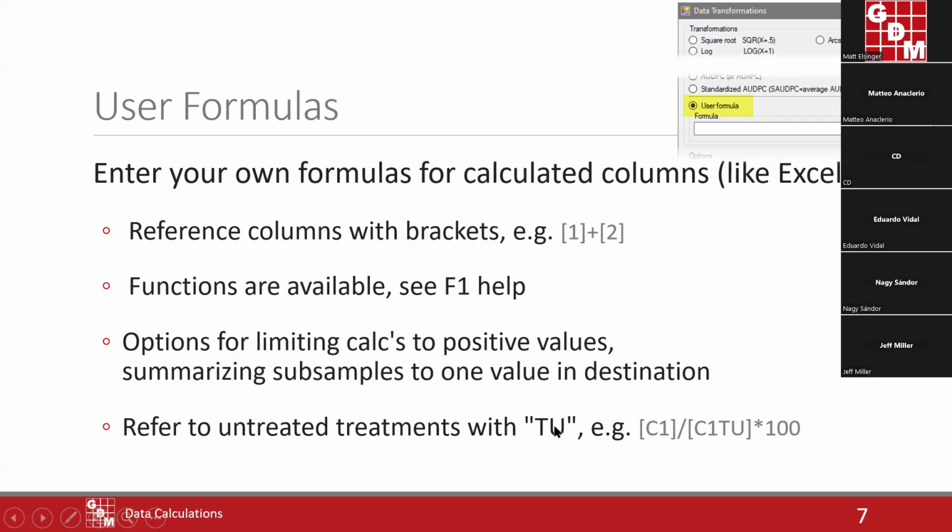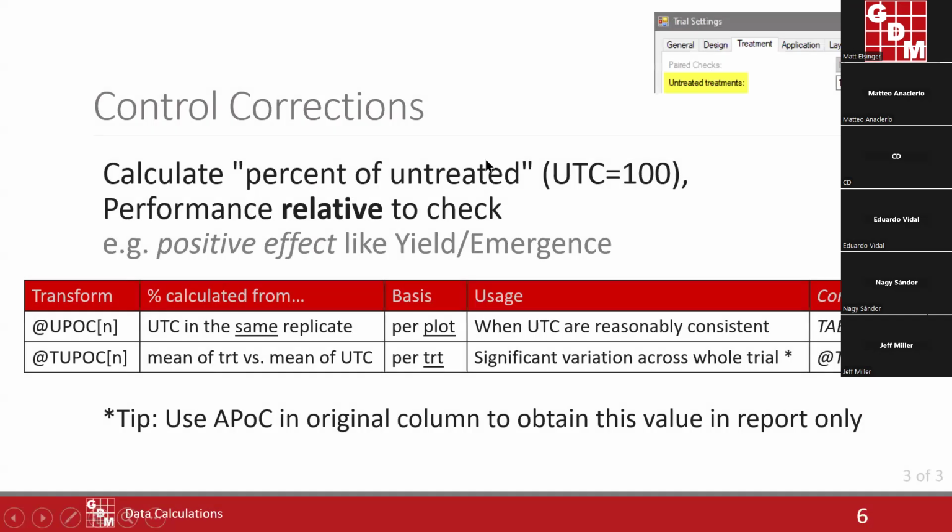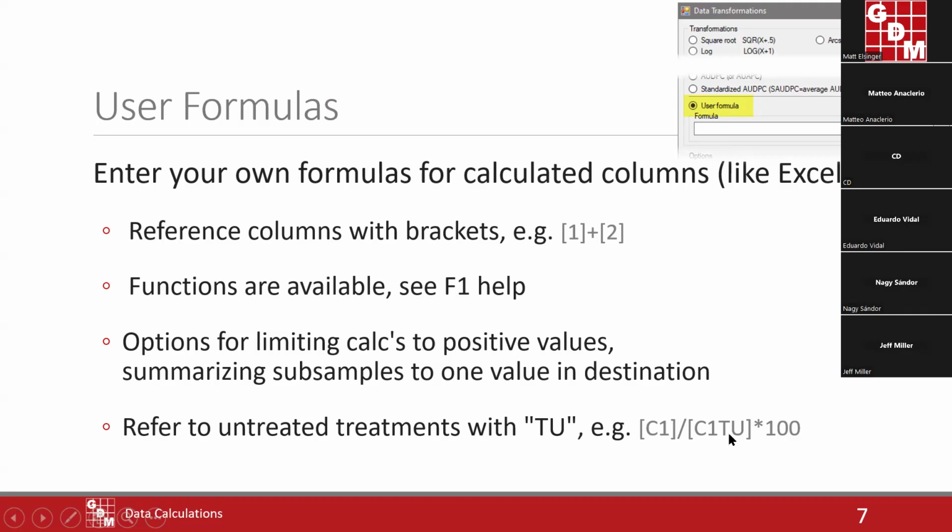TU is the special code so ARM knows to look up your untreated check. If I go back one slide, we had that screenshot there. What is the untreated treatment number? Look that value up and use it here. So here, I'm doing a percentage calculation. You have the ability to dig further into a column to use different pieces.